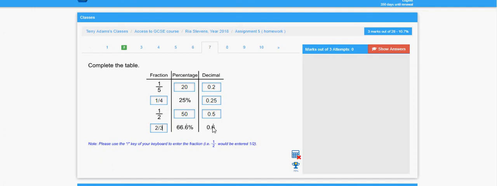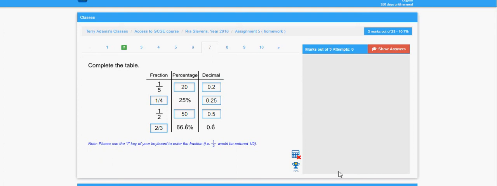So if it's 0.6 recurring, that's 66.6%, then that's 2/3. If it's 0.3 recurring, which is 33.3%, then that will be 1/3. And if I show the answers, they're exactly the same as I've written.